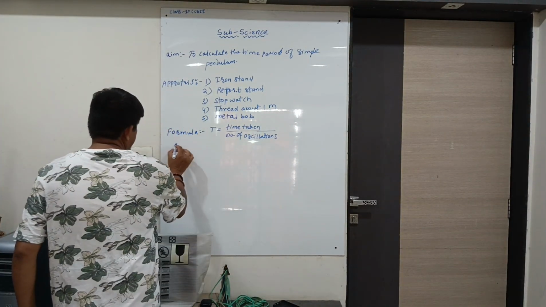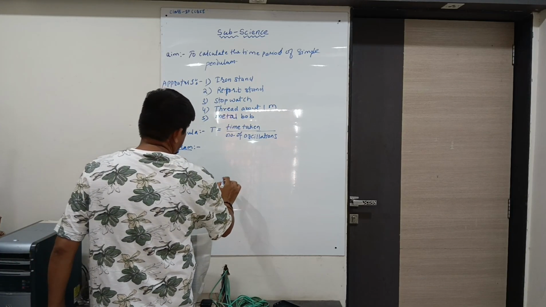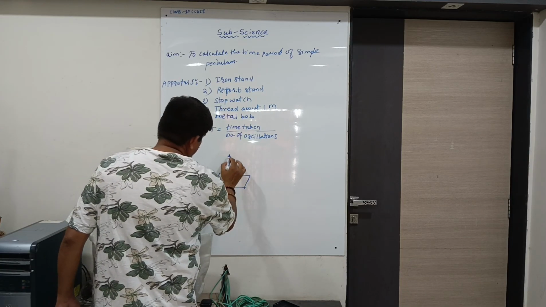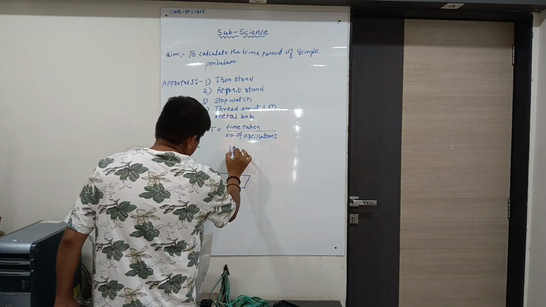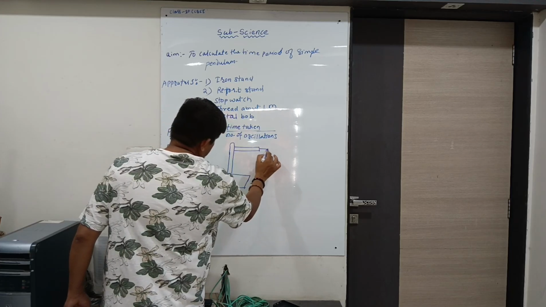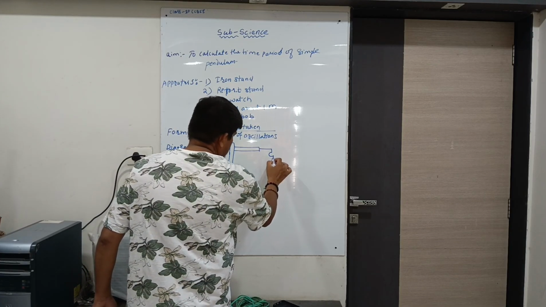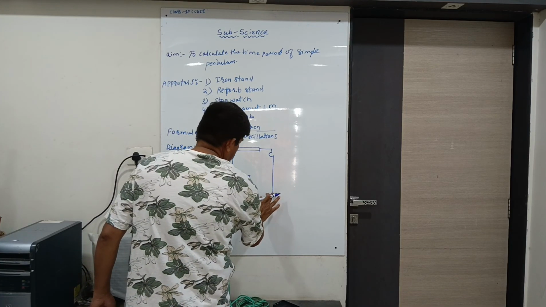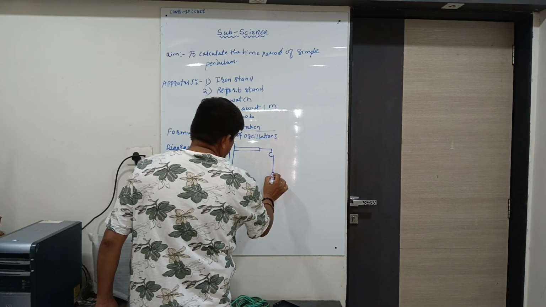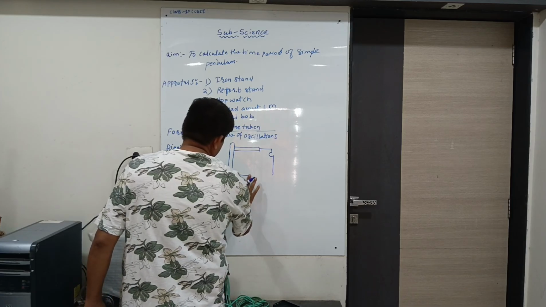So the diagram for this experiment is, suppose this is an iron stand, and this is the thread which is about 1 meter.